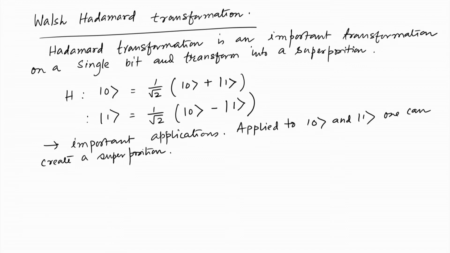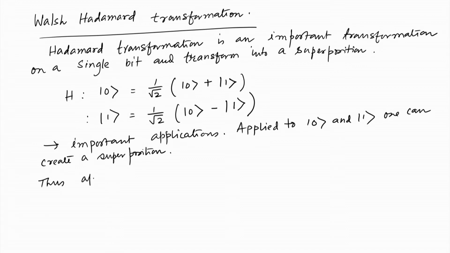So, H can actually generate a superposition of all 2 to the power n possible states, which can be viewed as a binary representation of the numbers between 0 to 2 to the power n minus 1. Let us see what we mean by that. In fact, this is an important statement, so let me write it down.